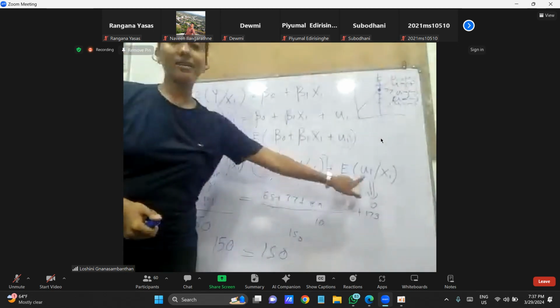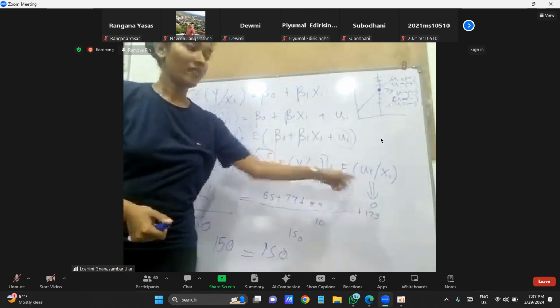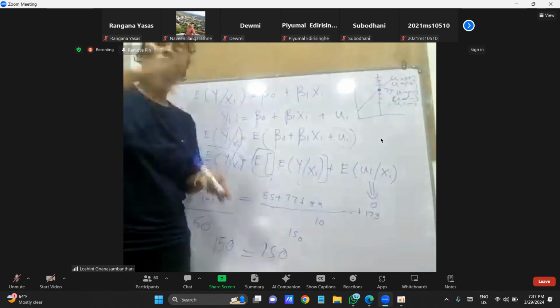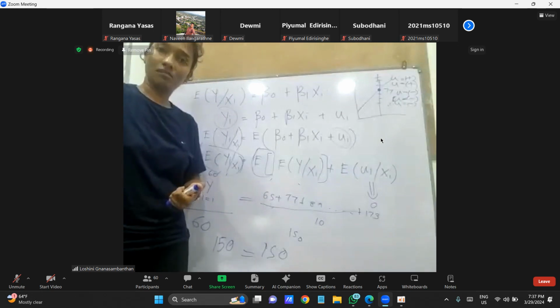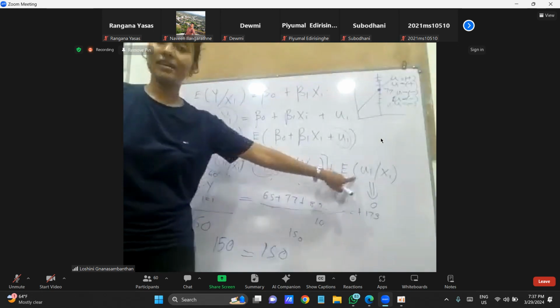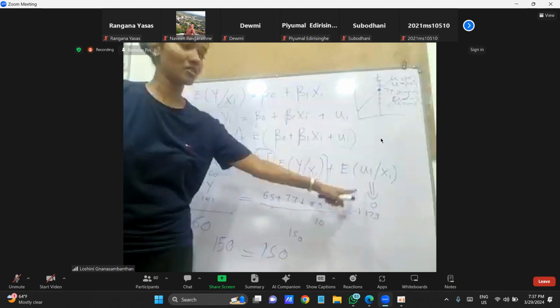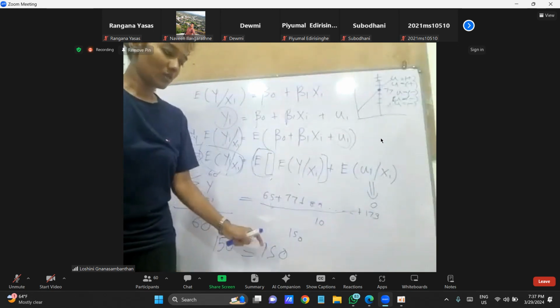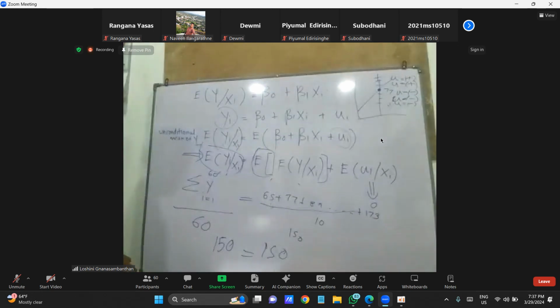If you can't accurately estimate your population mean, then this error term can't be zero. This expectation of the error term can't be zero. So that's what we are telling.